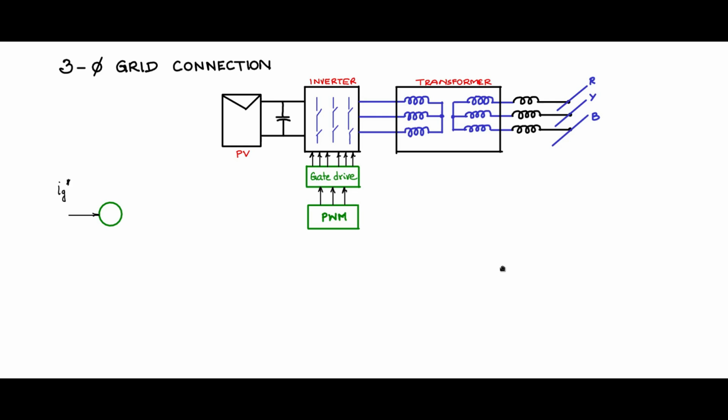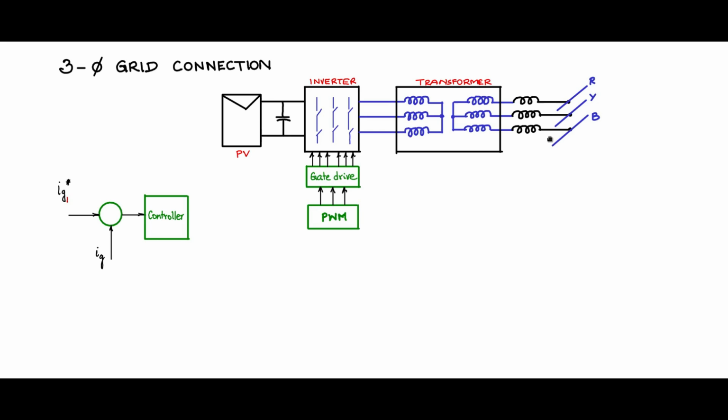Let me compare an IG reference. Let's say that I have, by some means, the IG reference, what I would like to give to the grid, and I have the sensed value of IG. I can sense that, compare them, and then pass it to a controller block. It could be a PI controller.